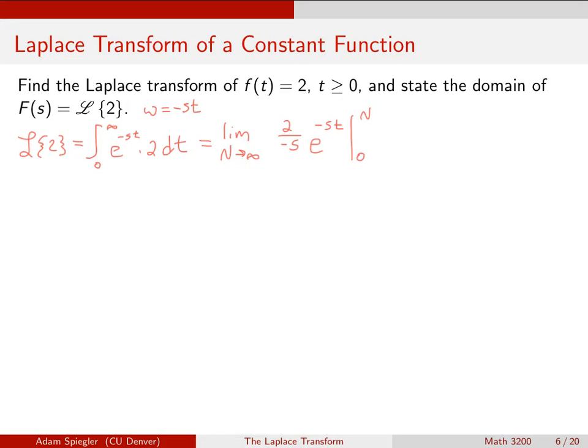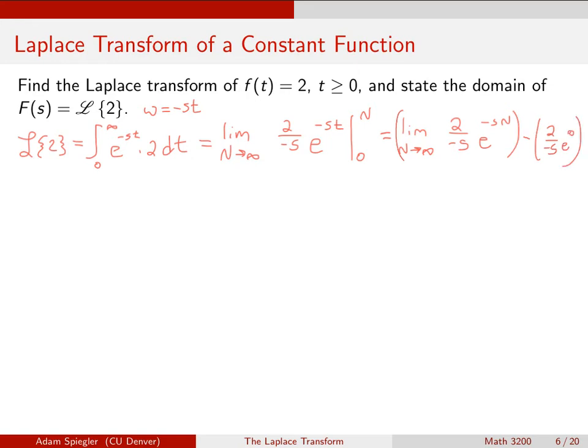Evaluating this at the limits, we've got the limit as n goes to infinity of 2 over minus s, and remember our variable here is t. So we're going to plug in this value for t, and then we subtract what we get when we evaluate it at 0.